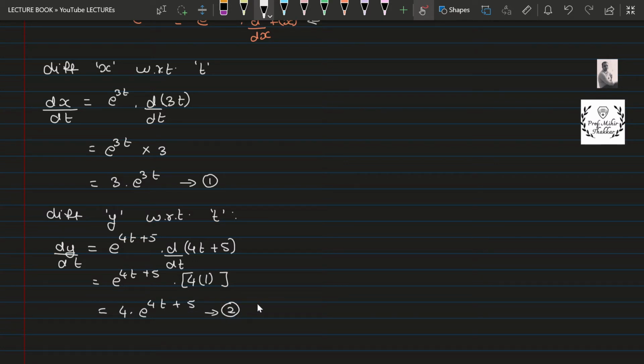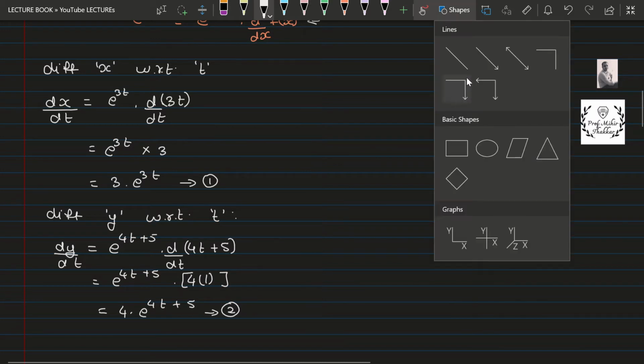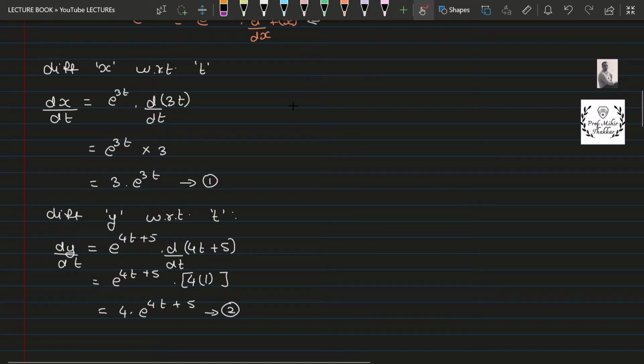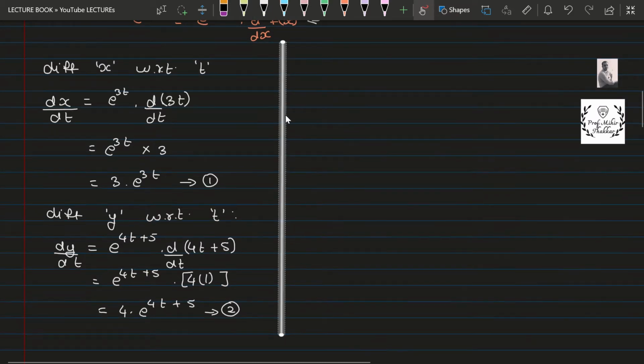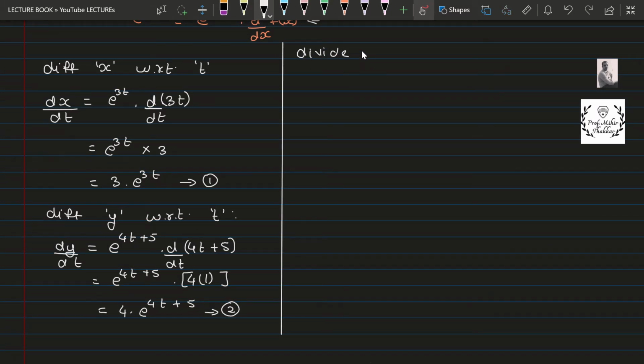Equation 2. Once again students, we are interested in the value of dy by dx. So again we have to divide equation 2 by equation 1.